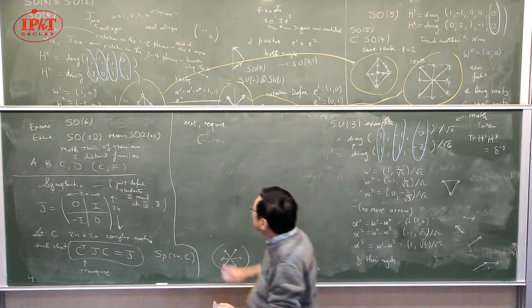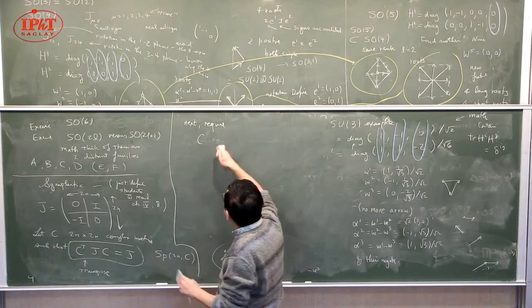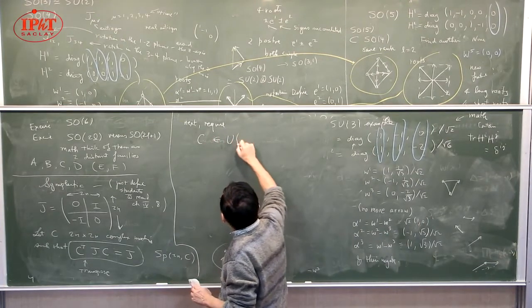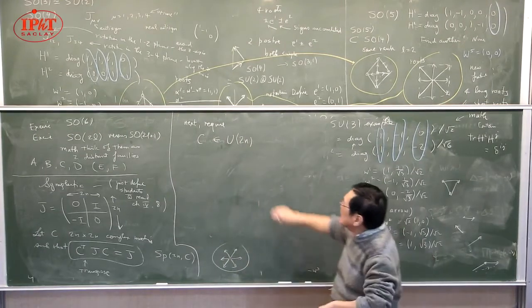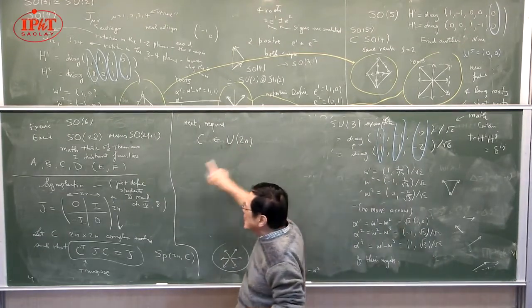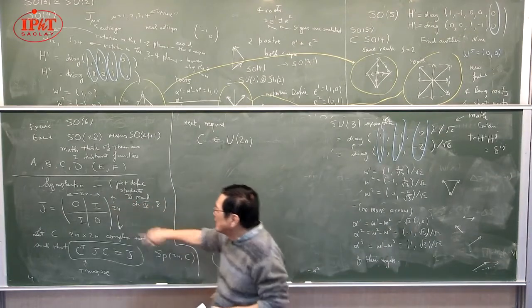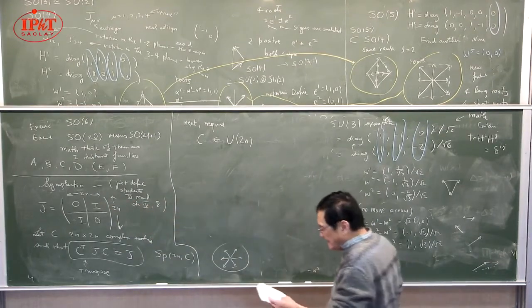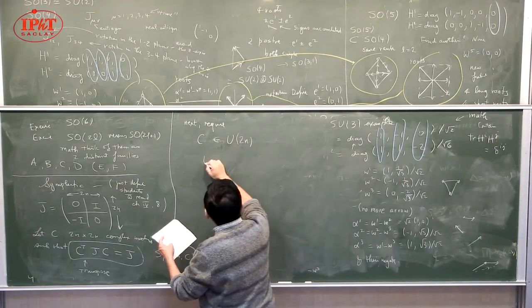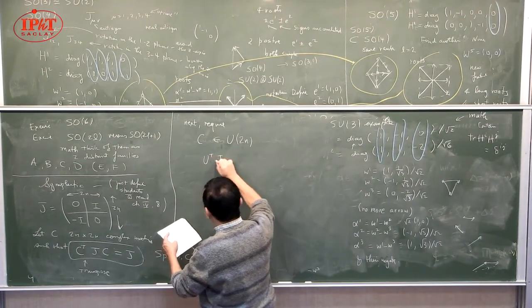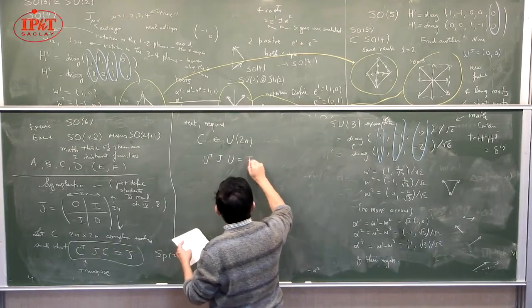Okay. Now the next step is require C to be an element of U2n, to be a unitary matrix. Now, remember it's 2n, not n, because it's 2n by 2n matrices, okay? So now we call C U. So that is to say we also write U^T J U equal to J.